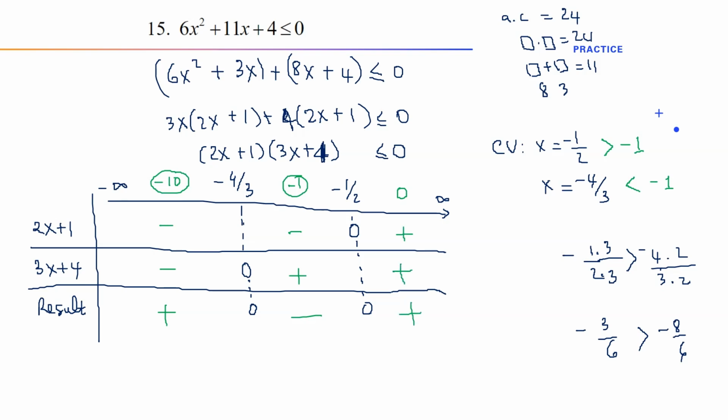And we just want 0 and less than 0, so it's negative. So the answer is bracket negative 4/3, comma, negative 1/2, bracket.